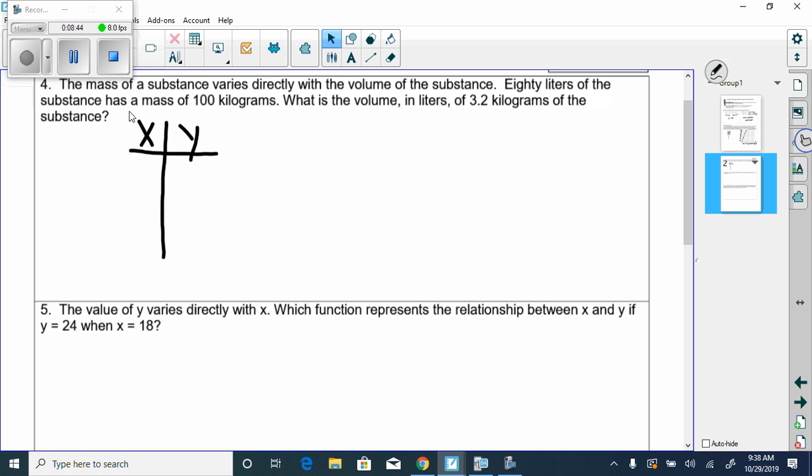So we're going to make that same chart, but we have some x values and some y values. So remember, our x is the independent value. We've talked about that before, right? So would you say that the volume depends on the mass, or the mass depends on the volume?